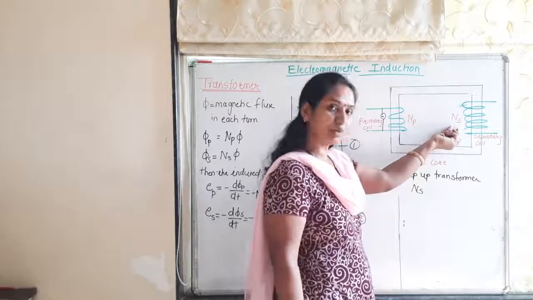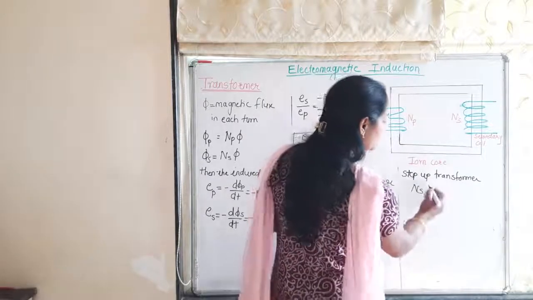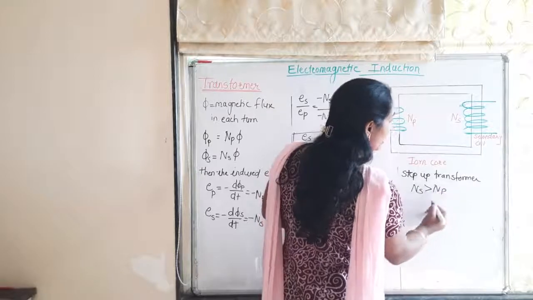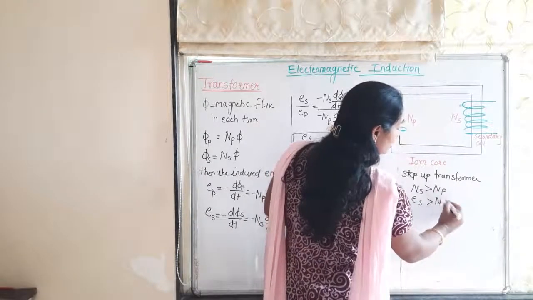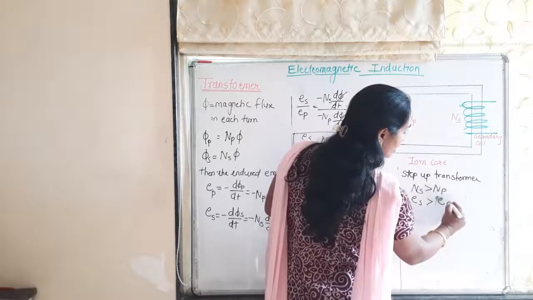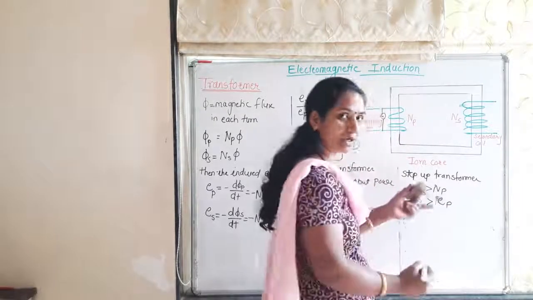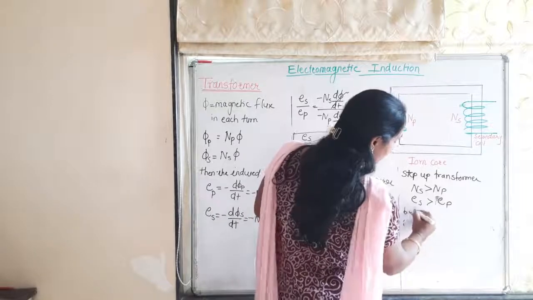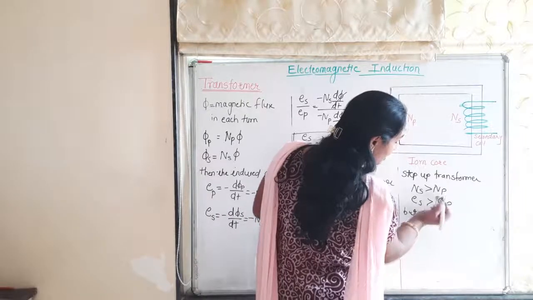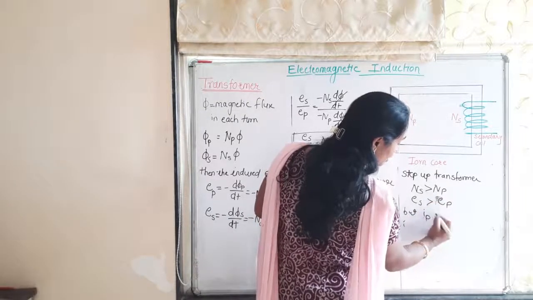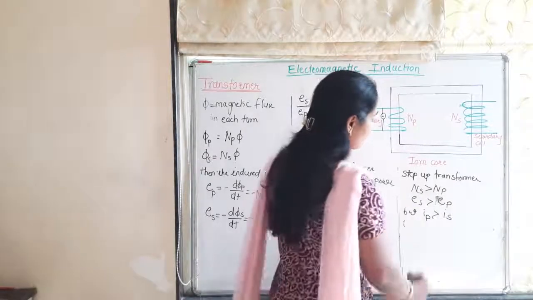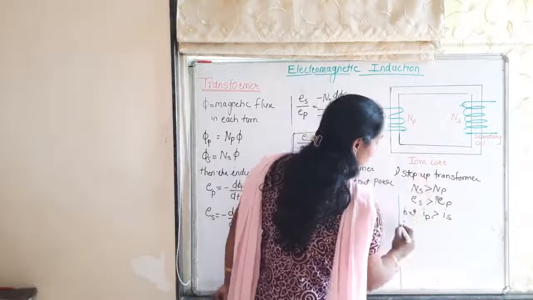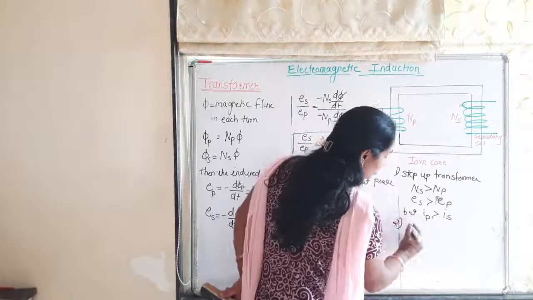So Ns is greater than Np. The EMF in the secondary coil is also greater than the primary EMF, but the current in the primary coil is greater than the current in the secondary coil. This is what happens.